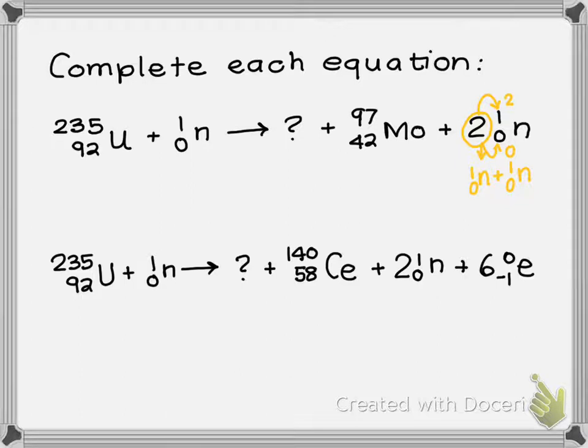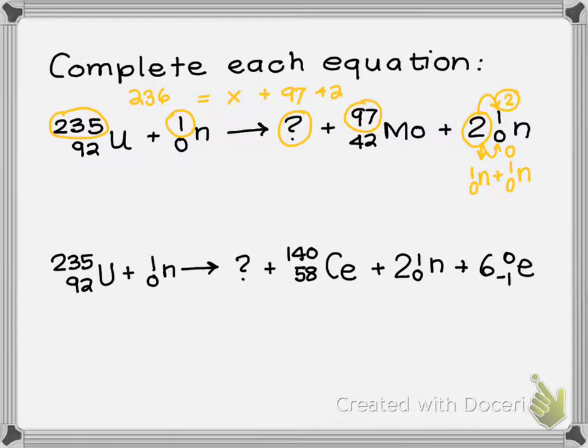So adding it up, on this side I have 235 plus 1, which is 236. And that's going to equal some number I don't know because I have a question mark, plus 97 right here, plus the 2.